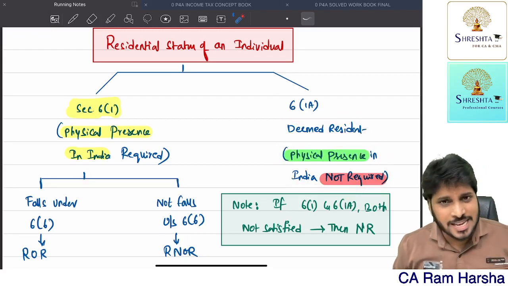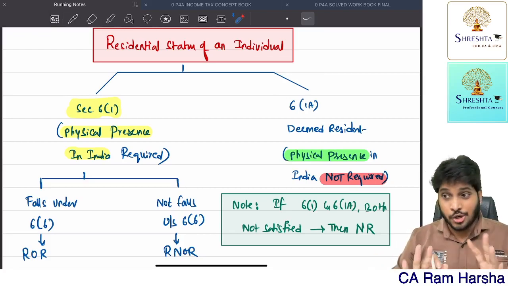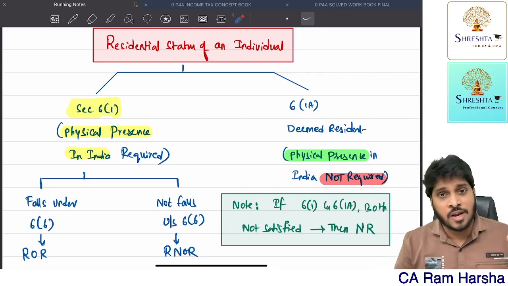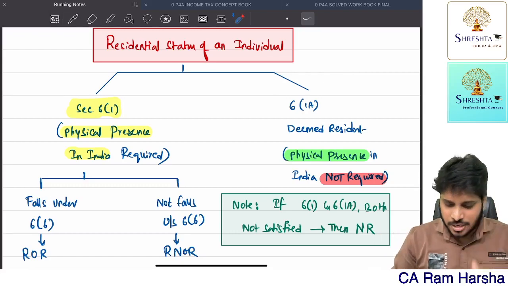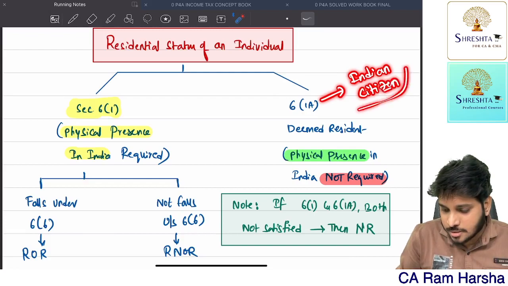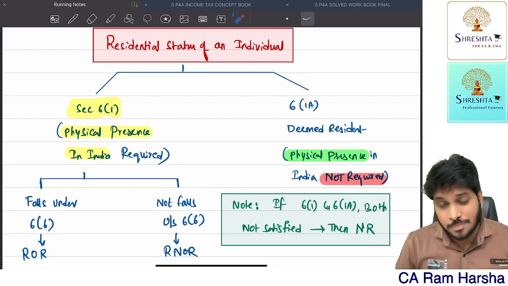First time probably I can say the Indian government has brought a tax law to tax an individual who does not even visit India. By the way, there is one particular thing. This provision is applicable only for Indian citizens. For others, this is not applicable.